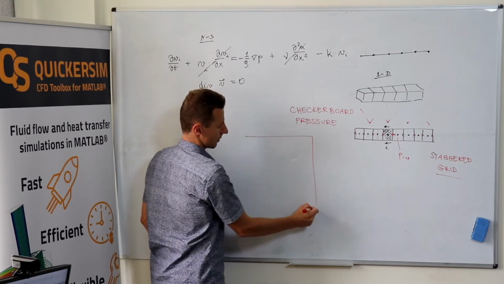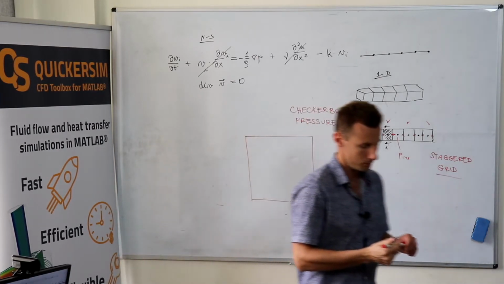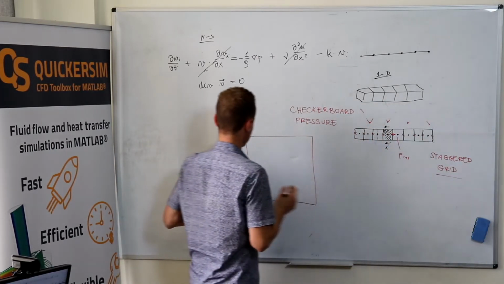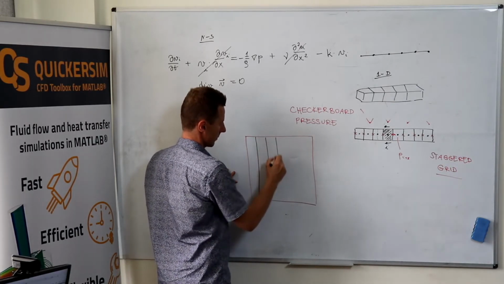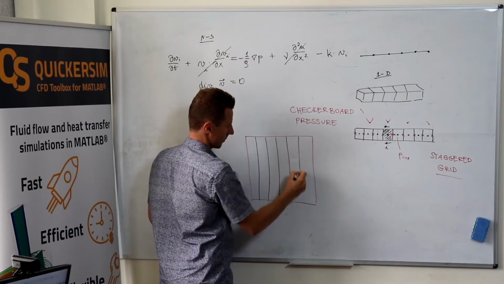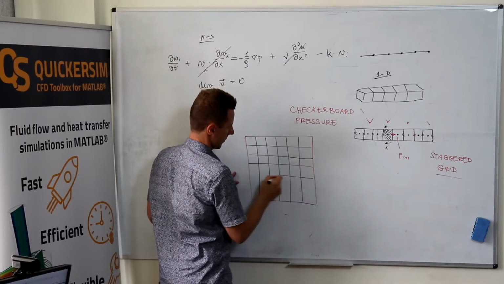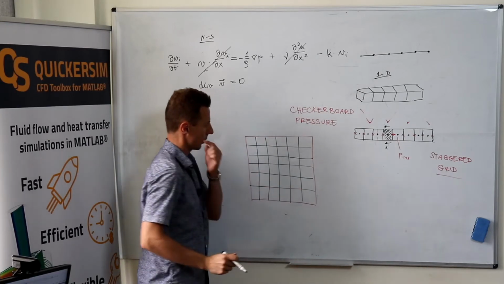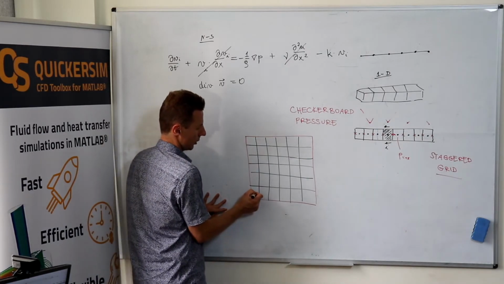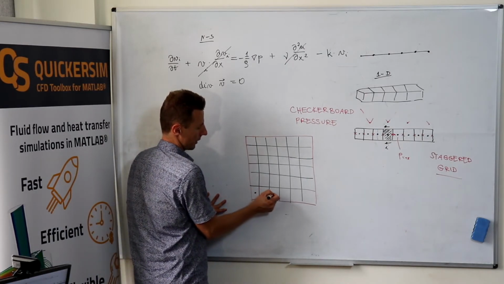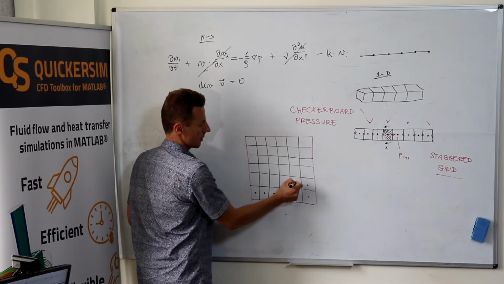Just imagine that we've got such a geometry, and we are interested in computing flow in a square domain. Again, you would have the pressure variables at the centroids of cells.